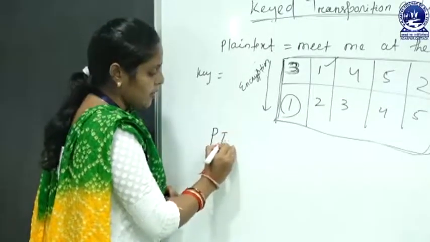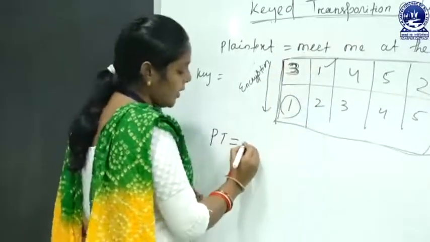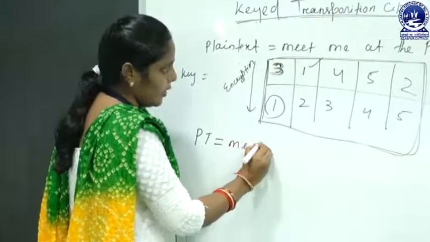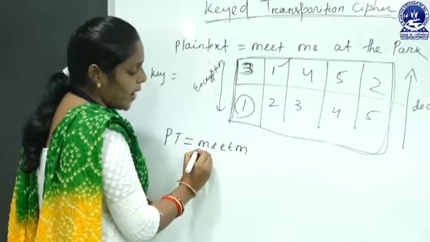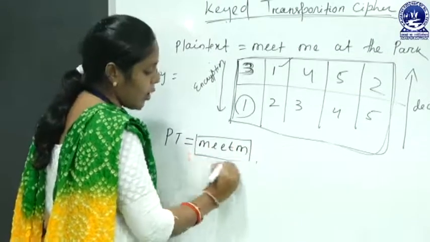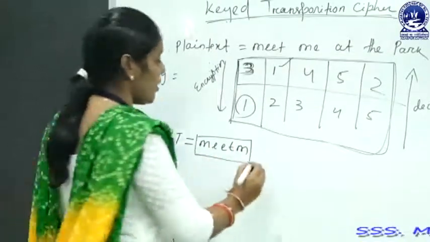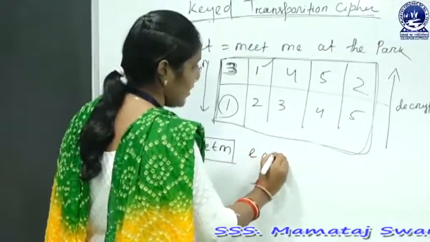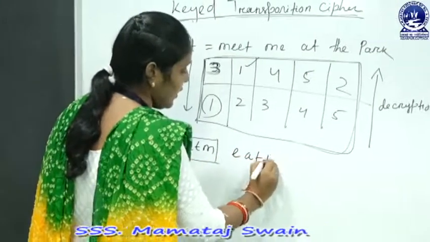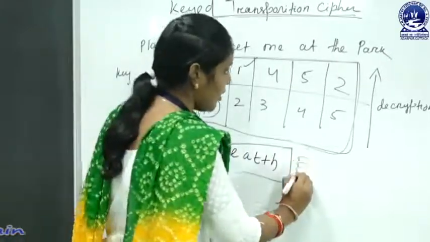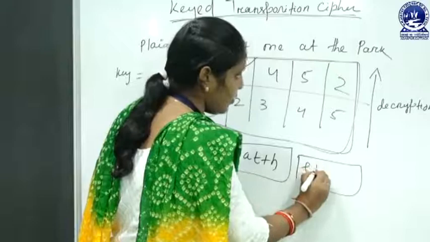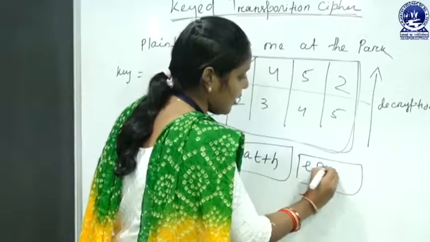The first block contains M, E, E, T, M. Here I am taking 5 characters to create one block. Then the next block E, A, T, T, H. Then the next block E, P, A.